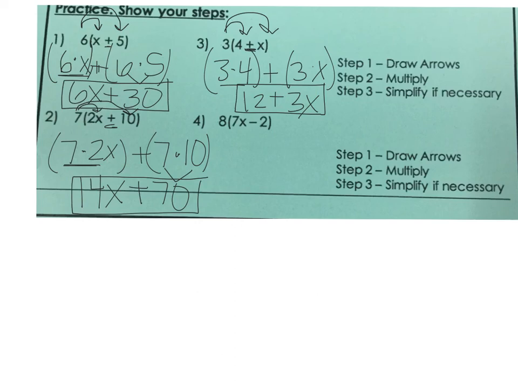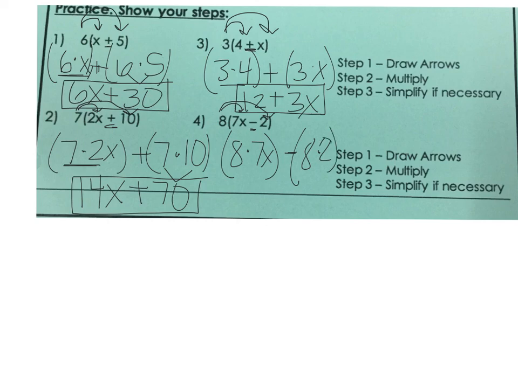And last we have 8 right next to the parentheses, 7x minus 2, so I know I'm going to distribute. 8 distributes with 7x, so 8 times 7x minus, because remember there's a minus sign there in my parentheses, 8 is going to distribute with 2, so 8 times 2.